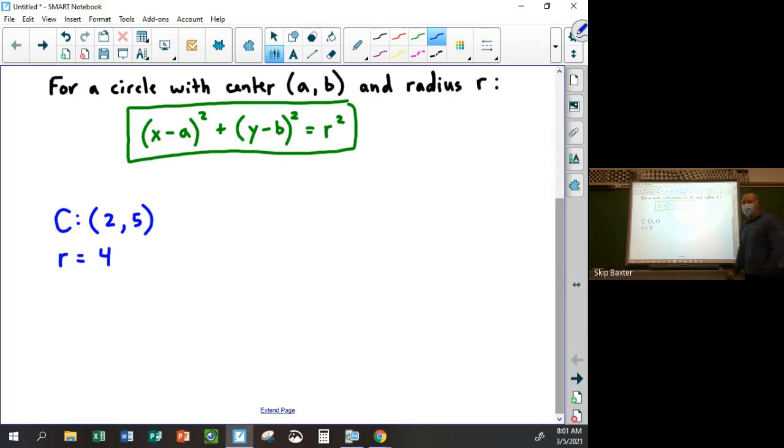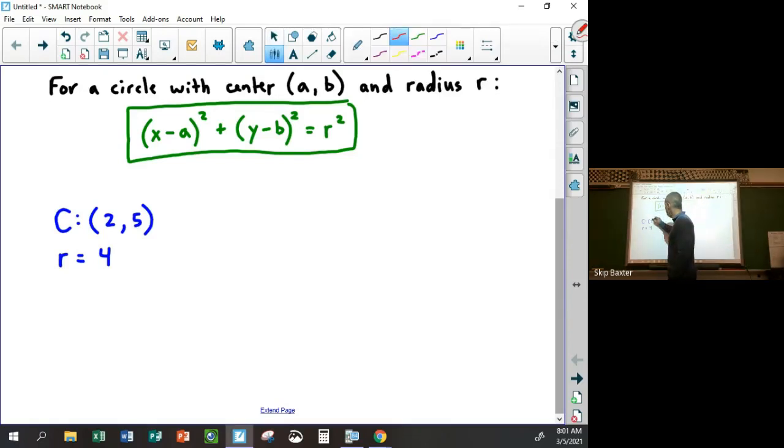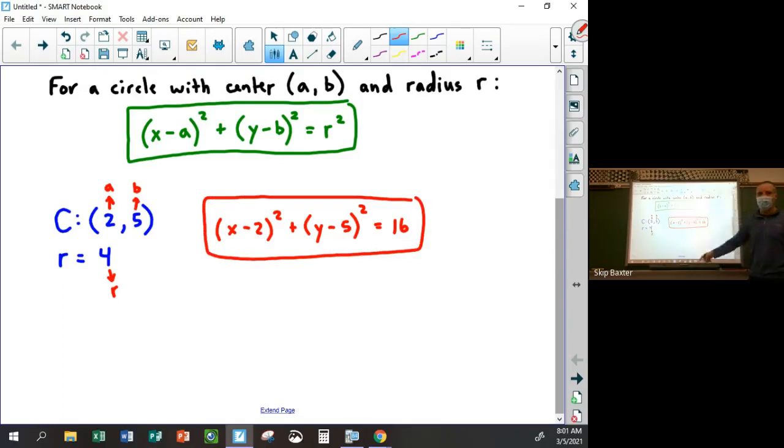So basically, I just take these numbers and replace them in this formula. The 2 is going to replace the a, the 5 is going to replace b, and the 4 is going to replace r. So I end up with (x minus 2) squared plus (y minus 5) squared equals 4 squared, 16. That's the equation of the circle that fits that description.